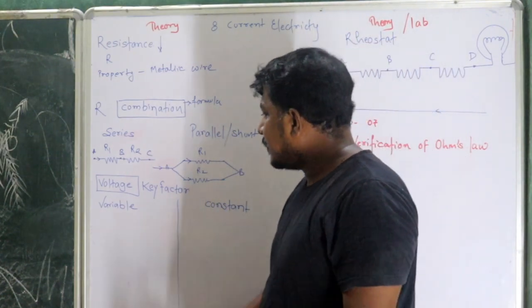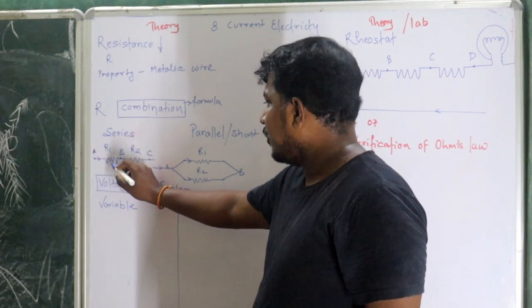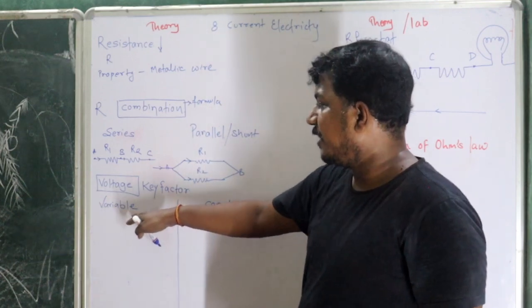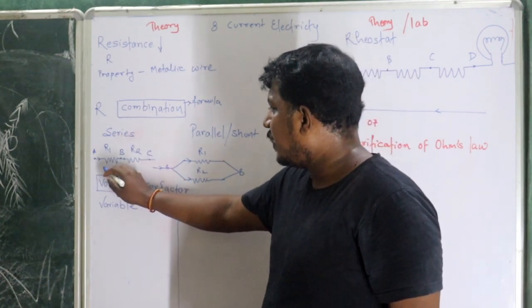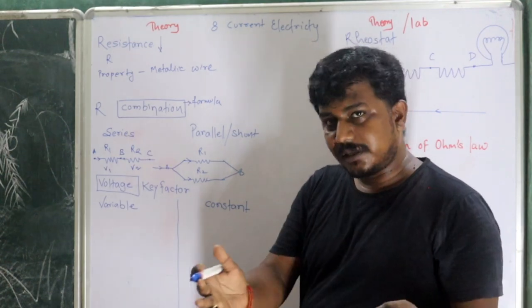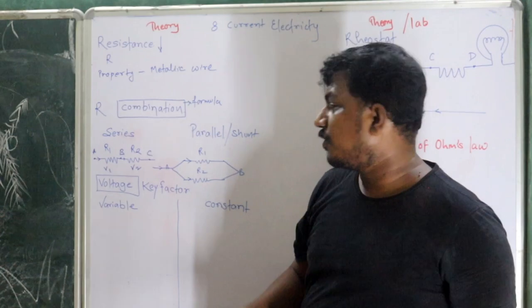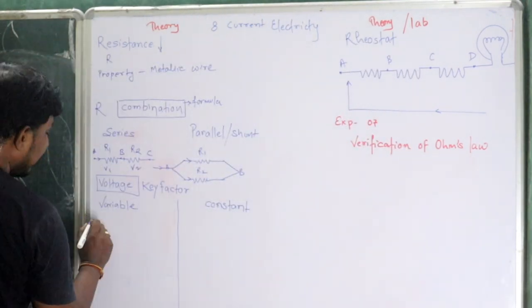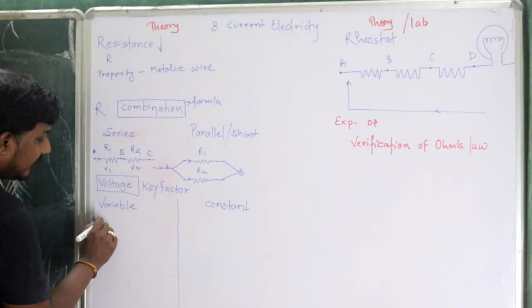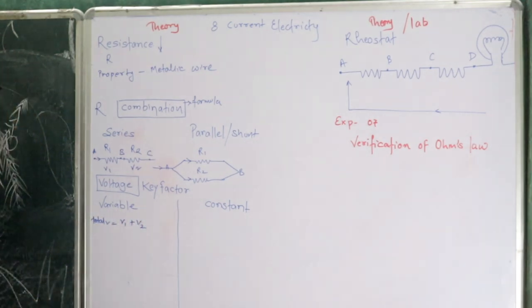If voltage is applied here, variable means on R1 the voltage will be V1 and on R2 the voltage will be V2. Clear? Both are different. If I want to know the total voltage in the circuit, I will write total voltage is equal to V1 plus V2.